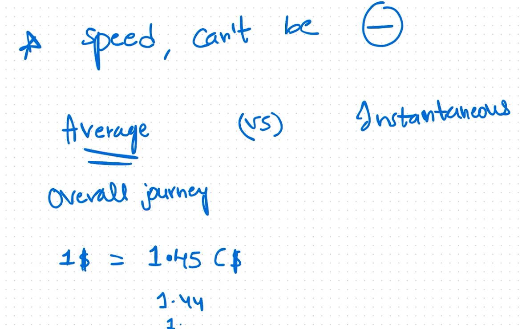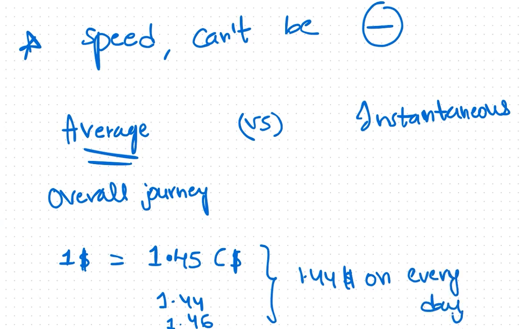So average means if you consider a specific interval, let's say the price was 1.46 the other day, so on an average, the price was 1.44 every day. That is called average. Instantaneous means we're talking about a specific instant. On a specific date, this was this much. Another specific date, this much. So instant means single point, average means everything in mind.